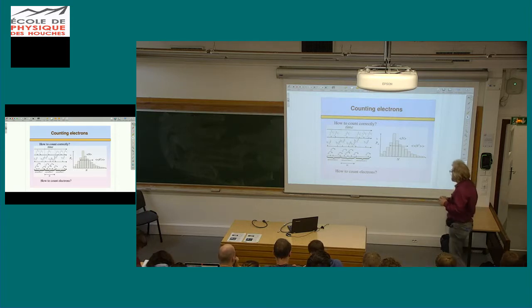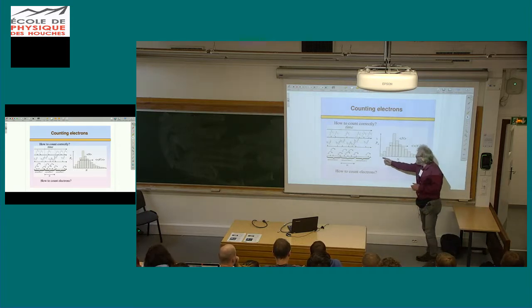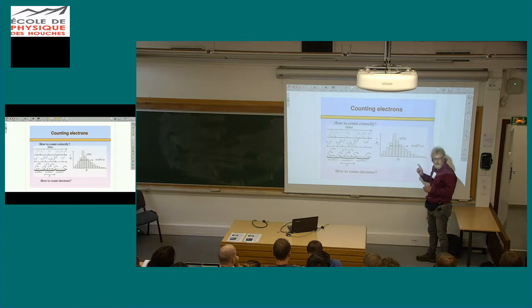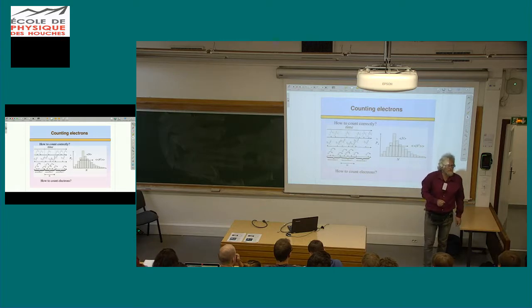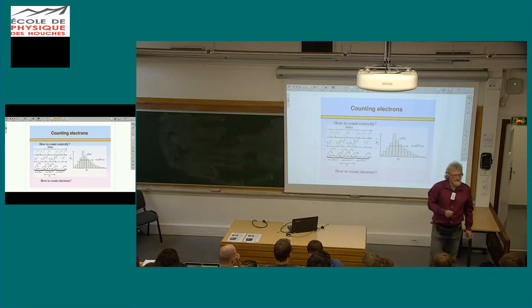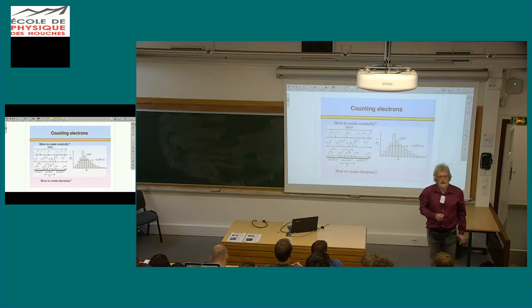Then you build a histogram. You plot the number of counts for each number of events. It takes quite some time, quite many measurements, to build such a histogram. What does it show?